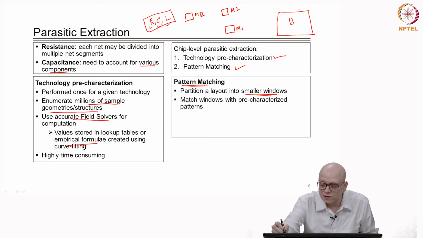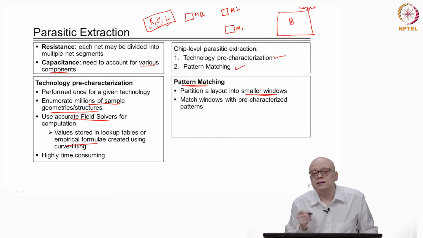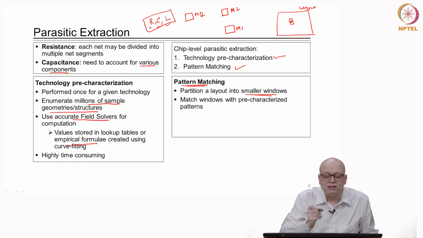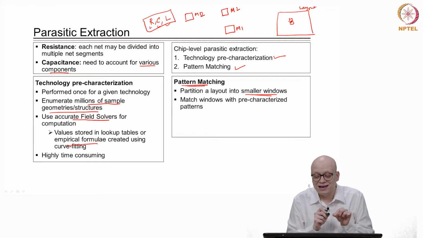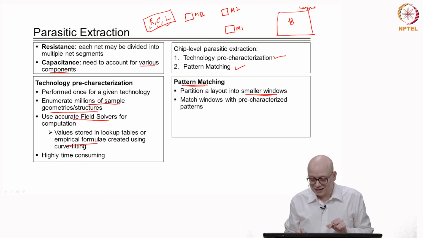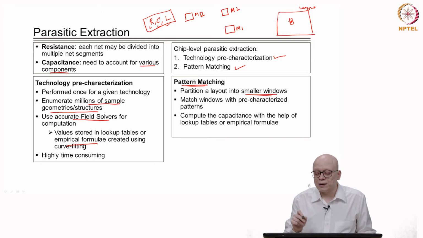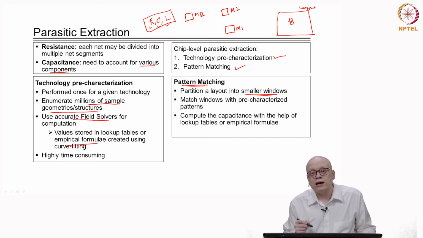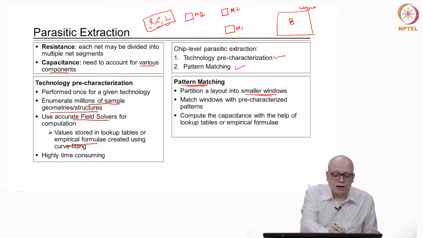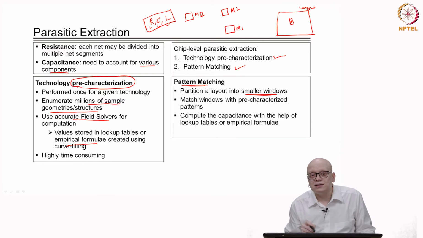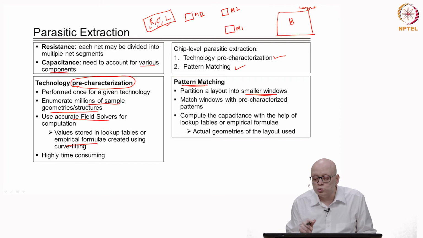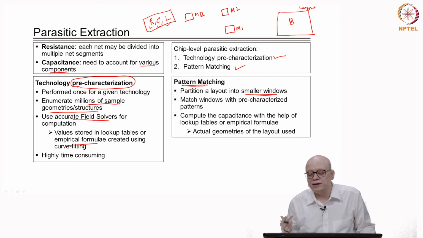Suppose this is the window in our layout, then this window will be matched with some pre-characterized configuration, and if it matches, then it will compute the capacitance with the help of a lookup table or empirical formula that was stored for that configuration during the pre-characterization step. During this computation, the tool will use the actual geometries of the layout.